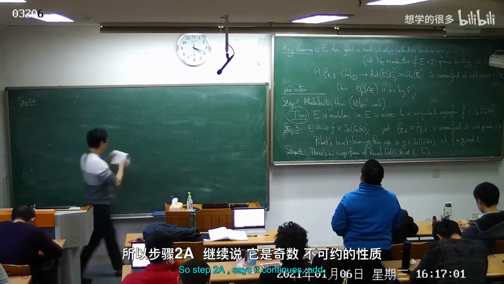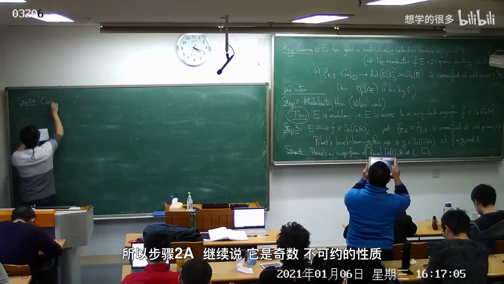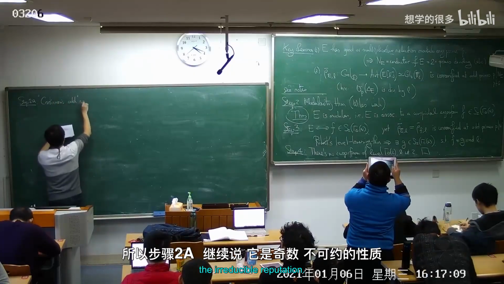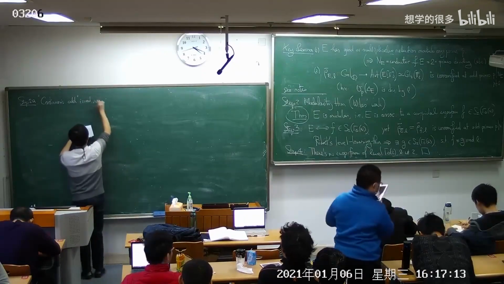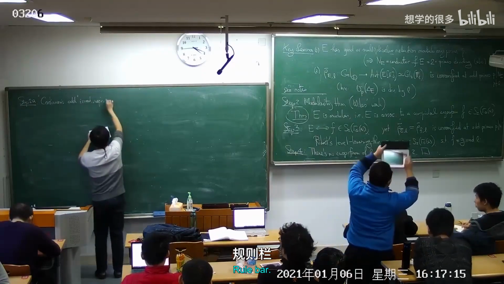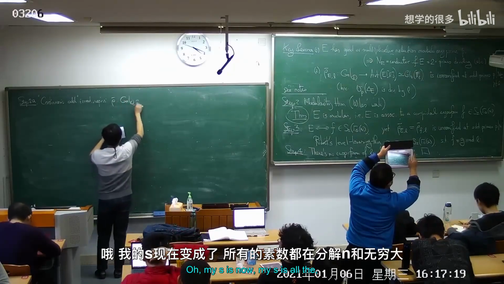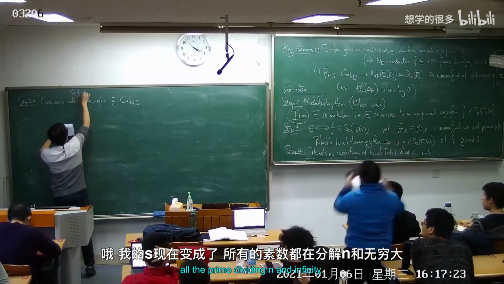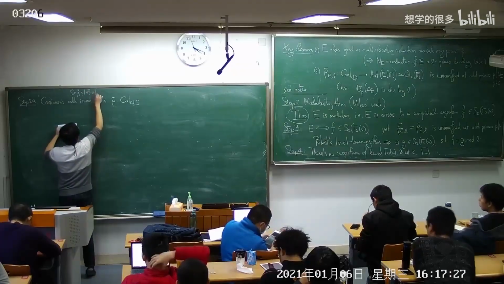So step 2a. A continuous, odd, irreducible representation rho bar. My S is all the primes dividing N and infinity.